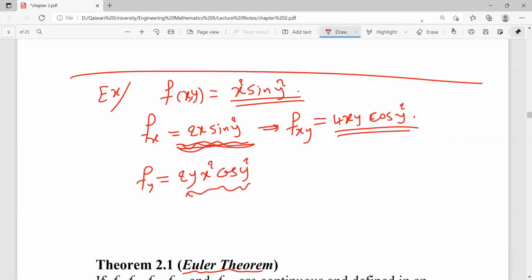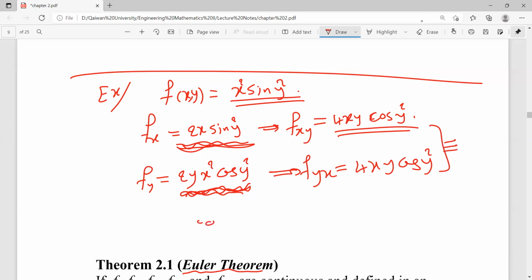Then if we take another partial derivative with respect to x, f sub yx equals 4xy cosine y squared. Look, we got the same. These are the same. That means f sub xy equals f sub yx. Why? Because the function is continuous.